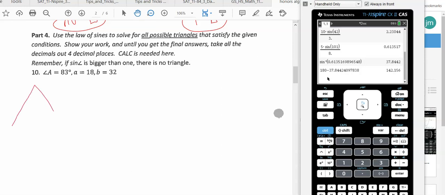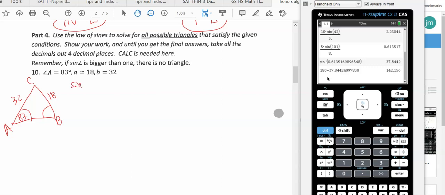So let's kind of draw this one off to the side. So A, B, C. Angle A is 83. 18 is the side, and B is 32. So I've got to find this angle right there. So we're going to set up law of sines.